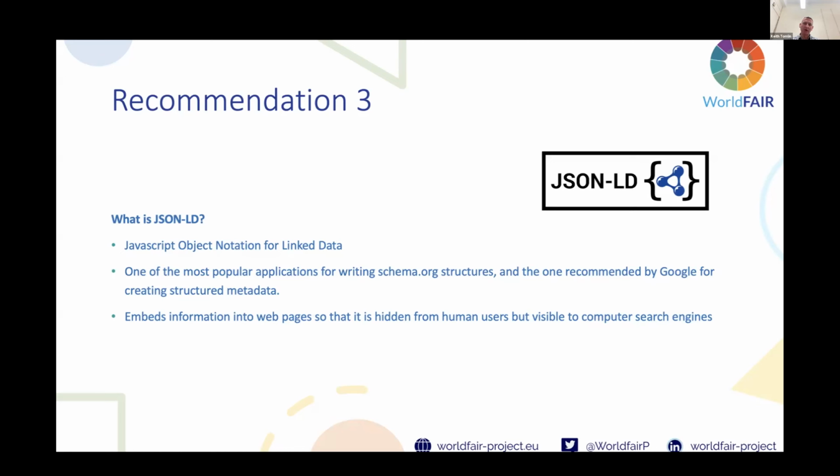So we don't necessarily see this information, but the search engines do, and they can identify it and display it. And if we write our metadata following these standards, then the revealing of that metadata to other people who may be interested is much more likely. And so in terms of the findability aspect of FAIR, these steps are important.